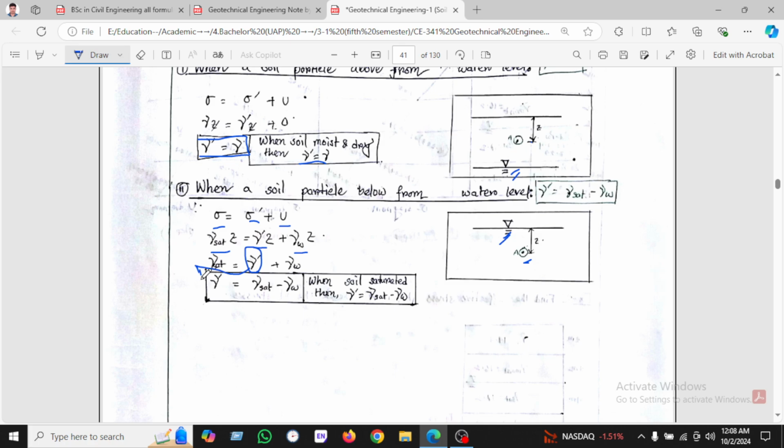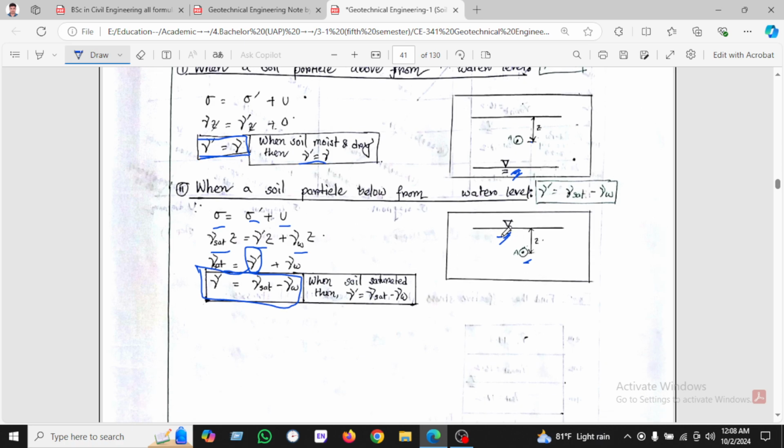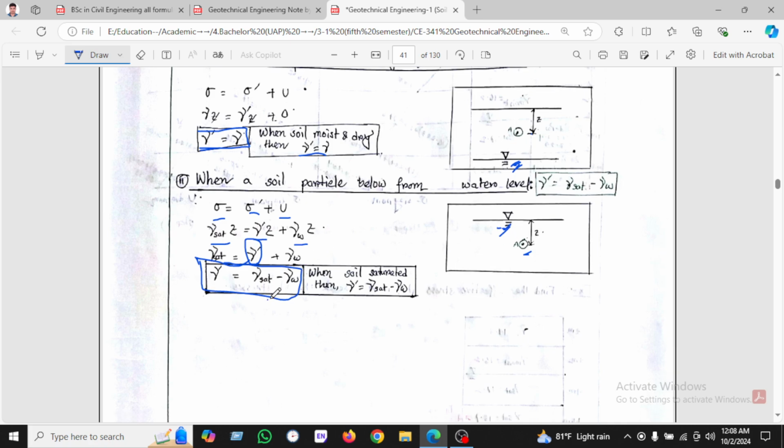So these are the basic conditions based on the location of the soil. When the water level is below the location, gamma prime equals gamma. When the water level is above the location, gamma prime equals gamma saturated minus gamma water.